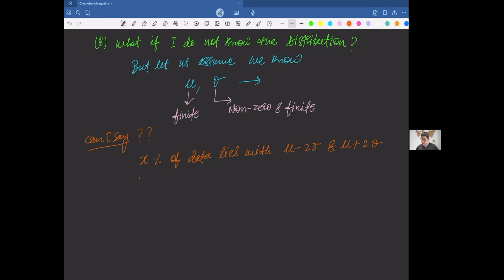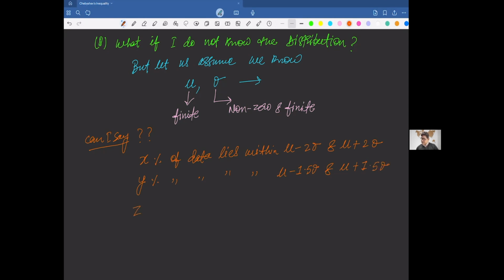Or can I say Y% of data lies within mu minus 1.5 sigma and mu plus 1.5 sigma?